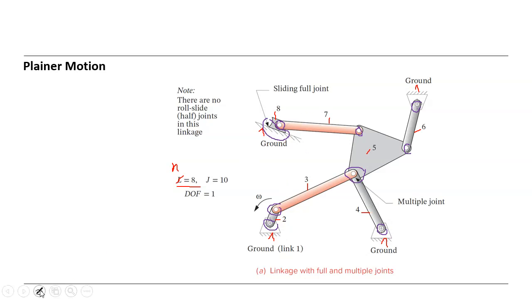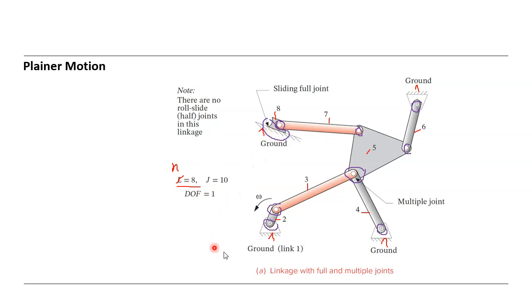Let's use the laser pointer, maybe you can see it more easily. So 1, 2, 3, 4 grounded: 3 of them are rotating grounded joints and 1 of them is a sliding grounded joint.